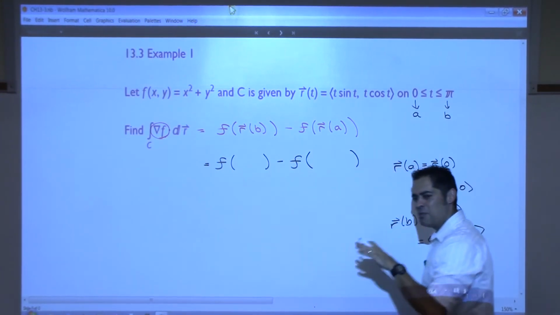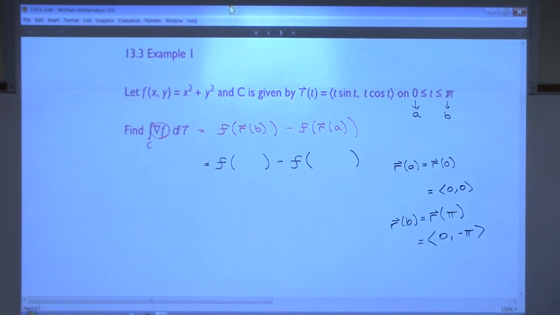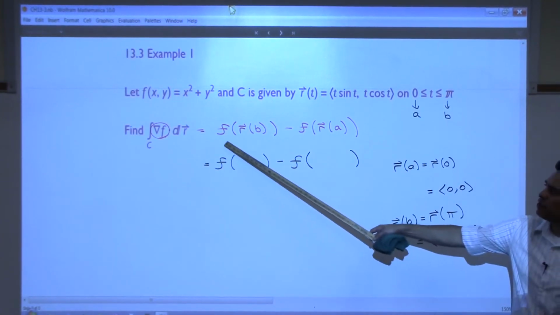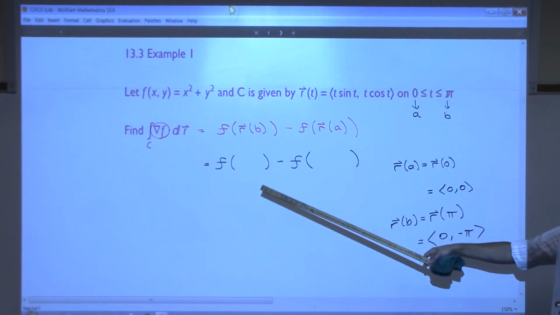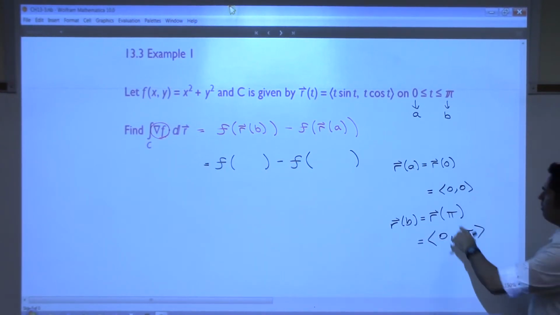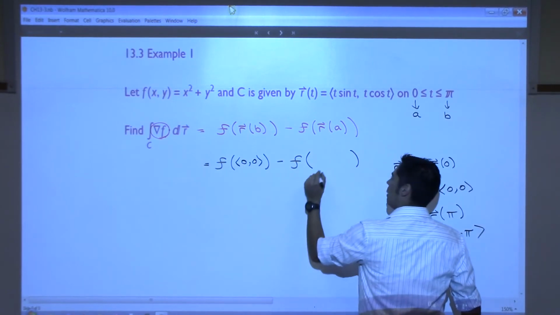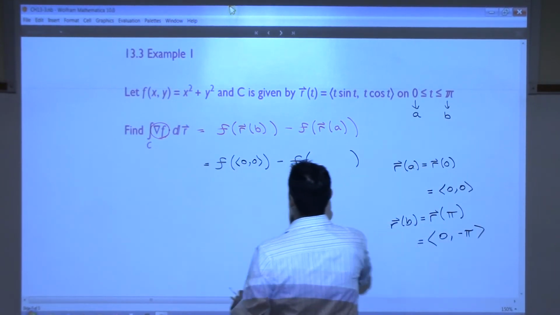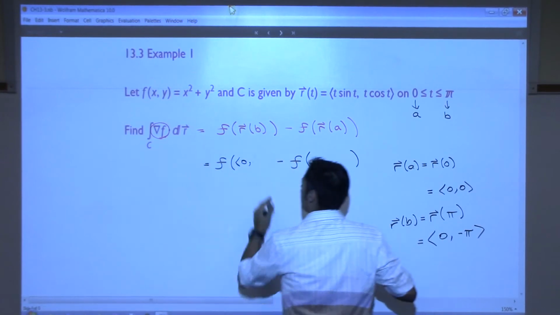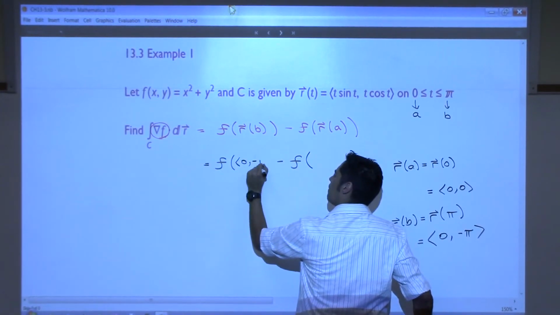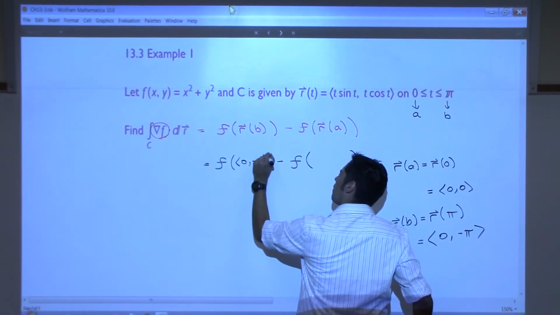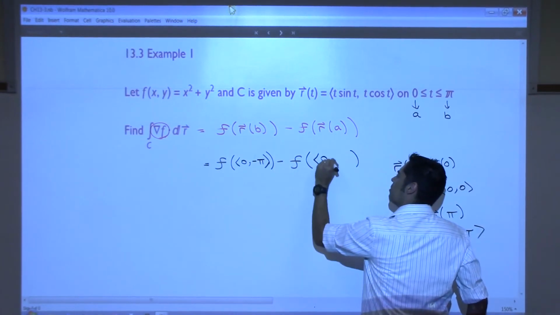This is where we have some tricky notation, which I alluded to a couple of classes ago. What does it mean to evaluate a scalar function at a point that's a vector? Well, we're going to plug in 0, negative pi here, and the vector 0, 0 for the other.